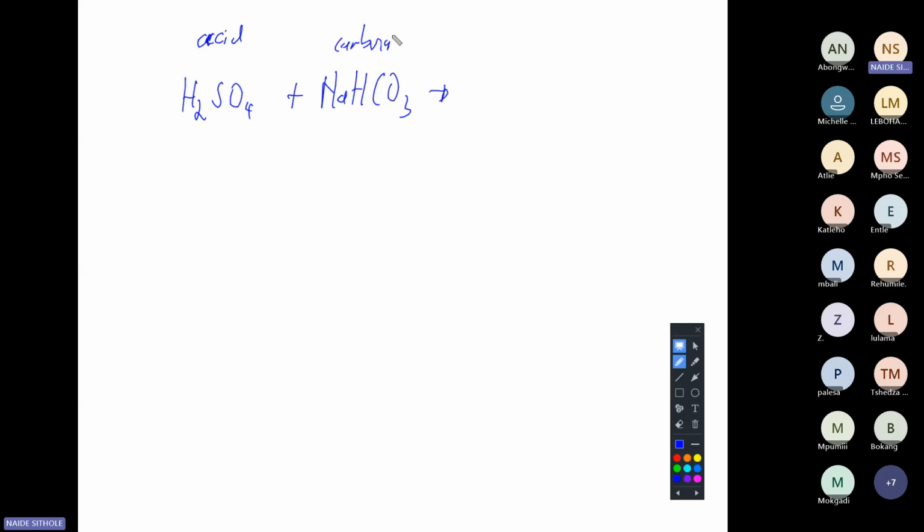Now from the notes that I've been sharing on acids and bases, you will know that when we react an acid and a carbonate, we always form what? Salt, water, and carbon dioxide, right? Those are the things that we know, which is the product formula when we react an acid and a carbonate, right? You react an acid and anything that is a carbonate, you will always have salt, water, and carbon dioxide.